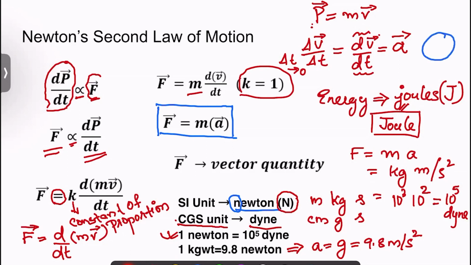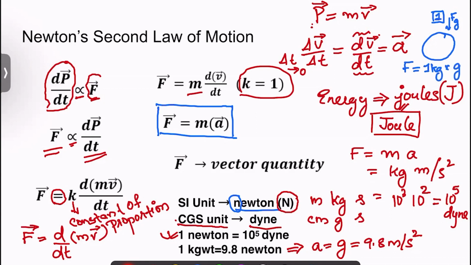Like for example, this is our Earth, and I'm placing this 1 kilogram object on the surface of Earth. So the force of attraction, the gravitational force provided by Earth will be what? F equal to ma. M is 1 kg and a is g.